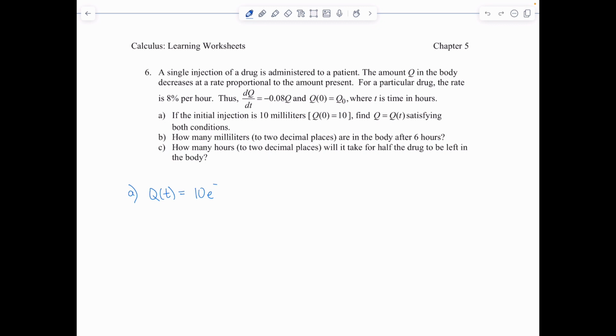As a decimal, we have 0.08, and t is just t.